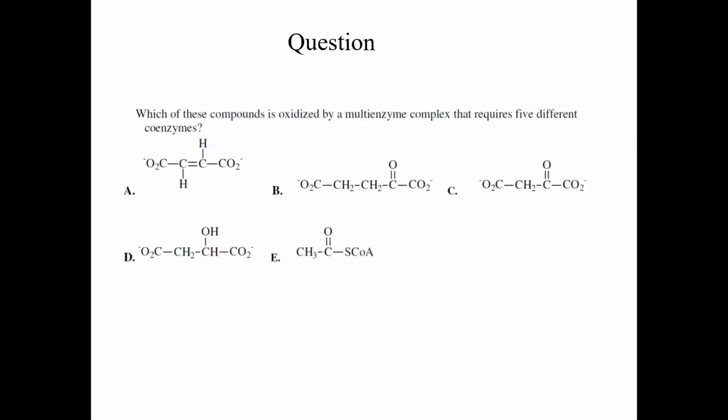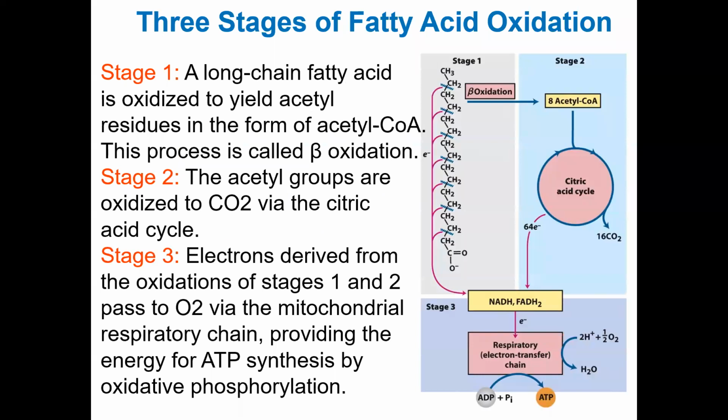Oh, there's a question. I have a question. Sure. So in regards to that last slide, for stage 1, it shows that we have 16 carbons. So doesn't that mean we wouldn't be able to directly go through beta oxidation? It's a repeated cycle of beta oxidation.